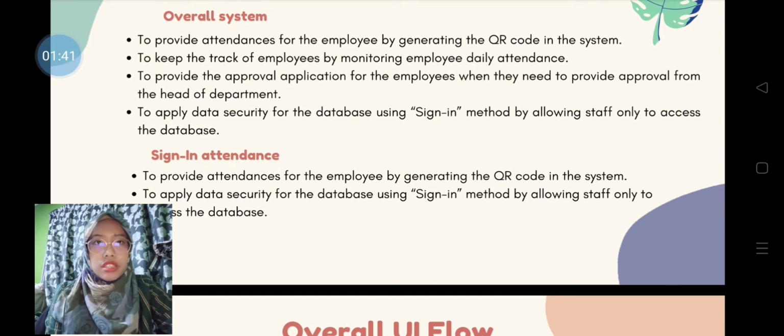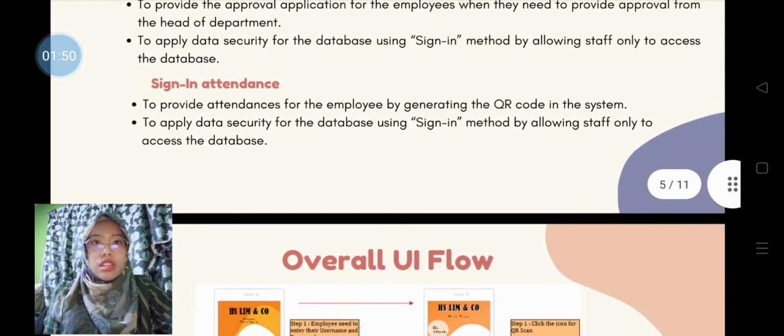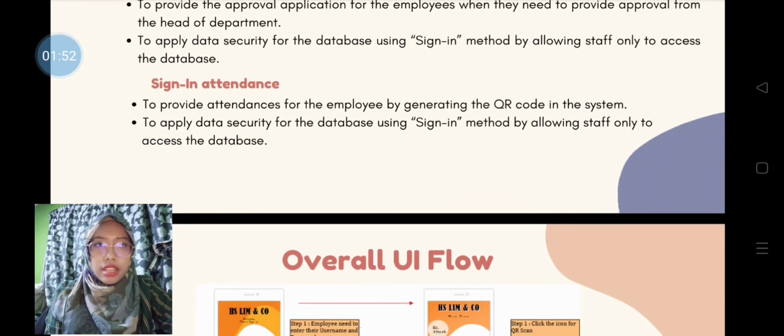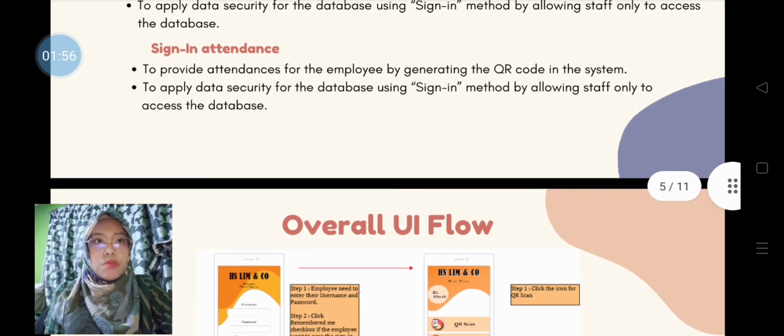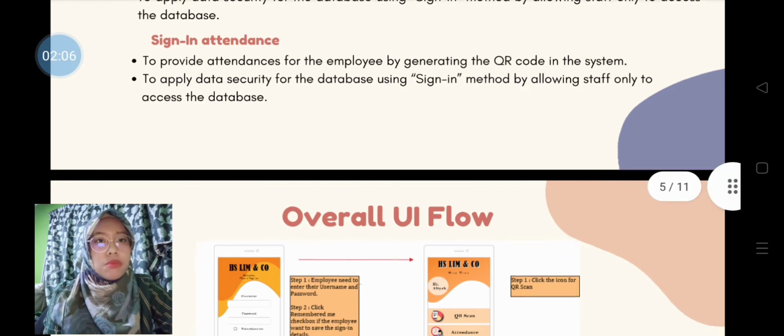The fourth is to apply data security for the database, which is the sign-in method. For sign-in attendance, the first one is to provide attendance for the employee by generating QR codes in the system, and the second is the same, to apply data security for the database using the sign-in method.